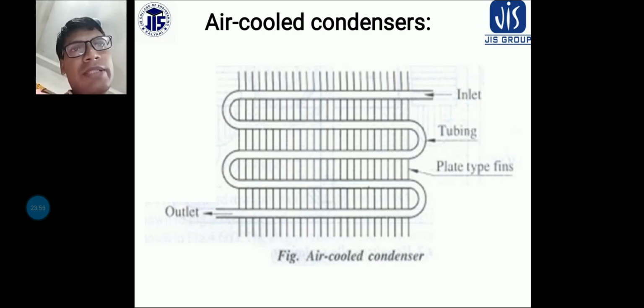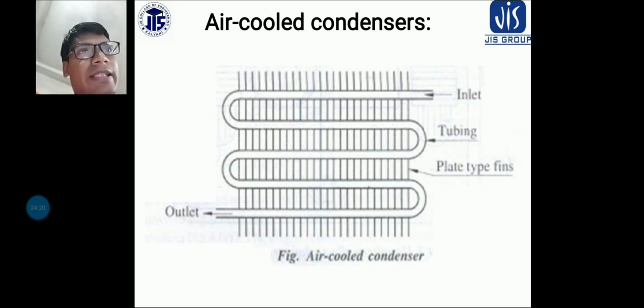Since the heat transfer efficiency of a heat exchanger increases when the heat transfer medium is liquid, the efficiency of a water cooled condenser will be more than that of an air cooled condenser.